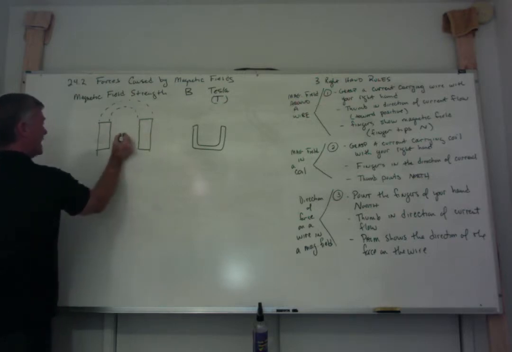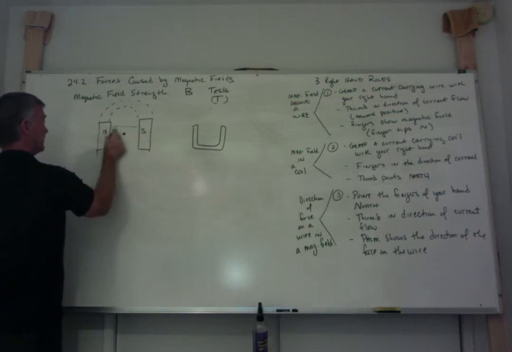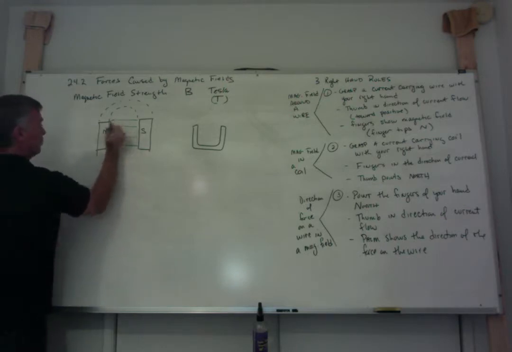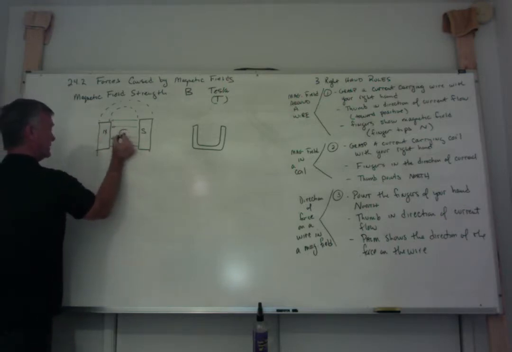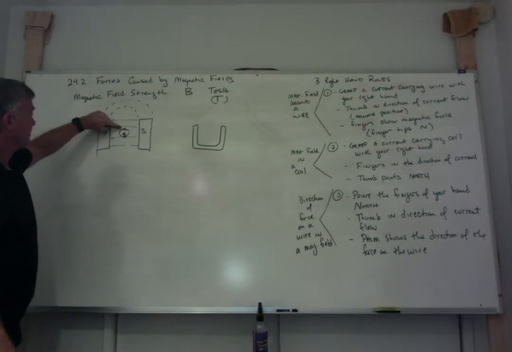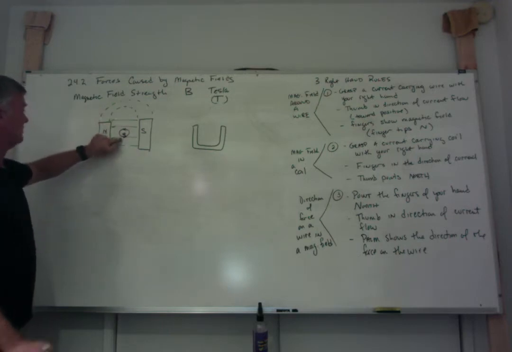If I put a wire in here, and let's say this is north and this is south, we have a magnetic field that goes straight across there. If that wire is coming out of the board, I have a magnetic field that goes around like this. Now, if you look at this, and it's a little tricky, these two are in the same direction, these two are in opposite directions.